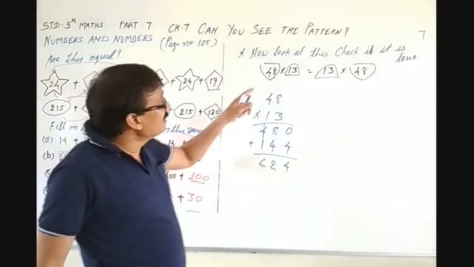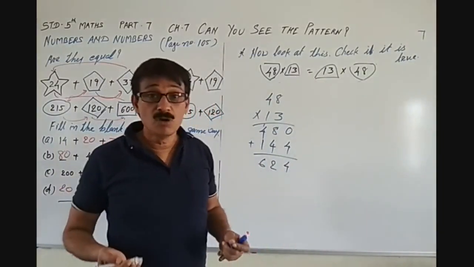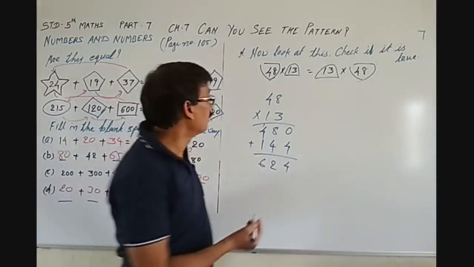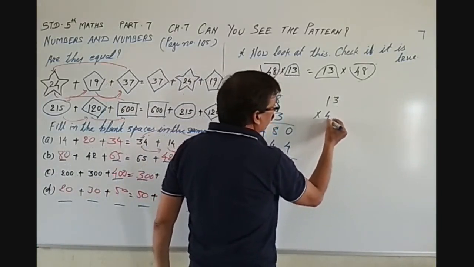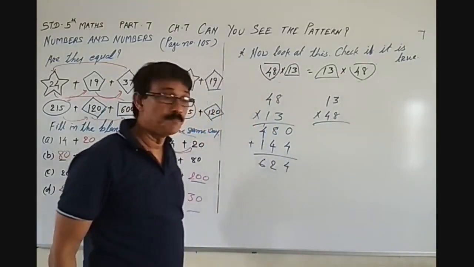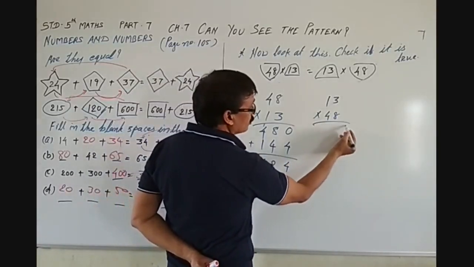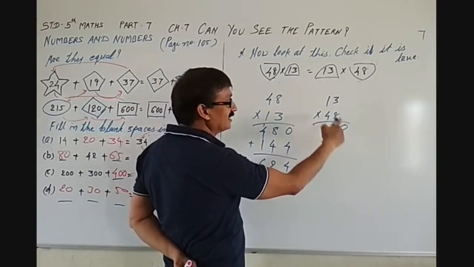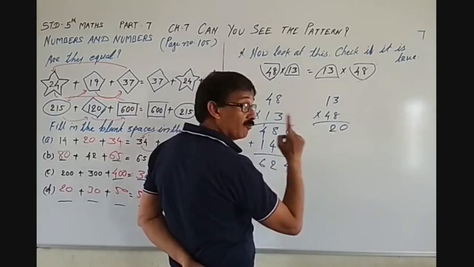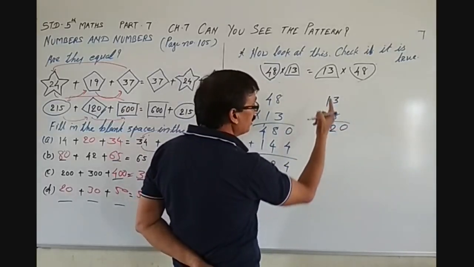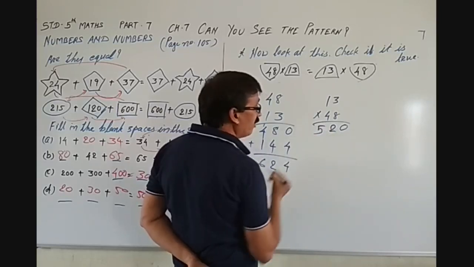Okay, now let's see whether the multiplication of 13 and 48 is the same or not. Let's see. This is 13 multiplied by 48, isn't it? So let me multiply 13 with 4. As it is in the 10th place, I should put 0 over here. 4 3s are 12, 1 carry, 4 ones are 4 plus 1, 5.